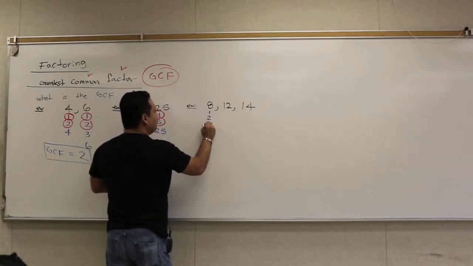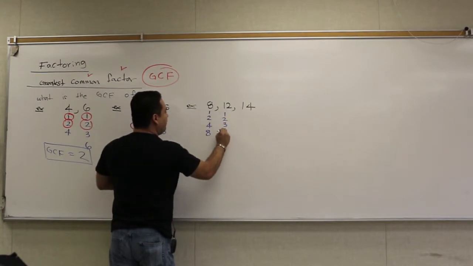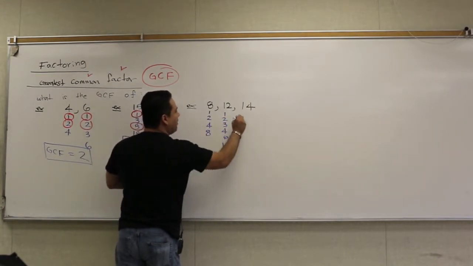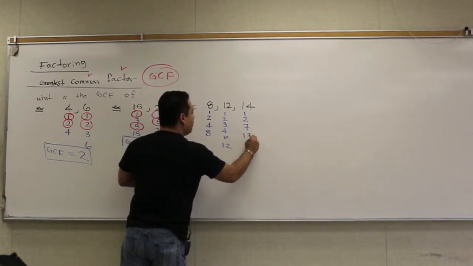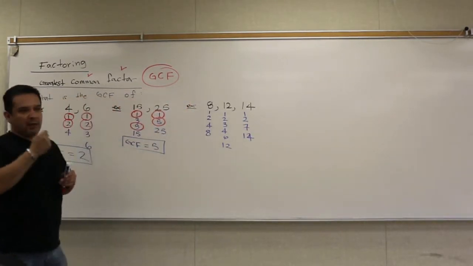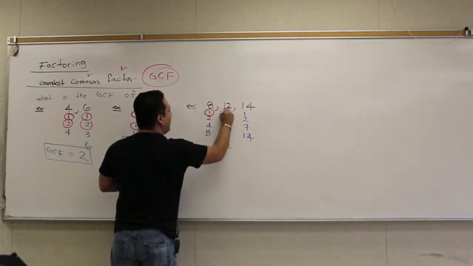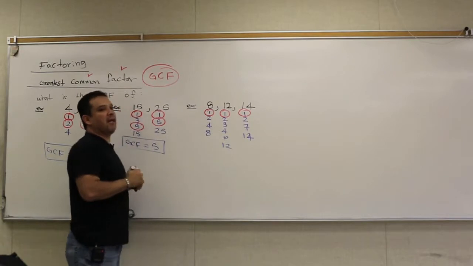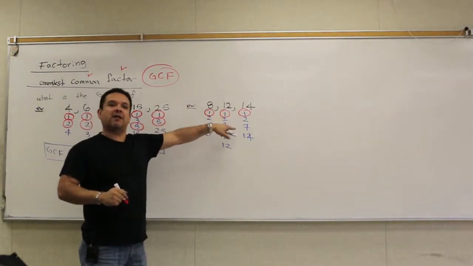1, 2, 4, 8. 1, 2, 3, 4, 6, 12. What about 14? 1, 2, 7, and 14. Is that true? So you're going to circle the common factors. Common, in this case, means that the number is on all 3 lists, every list.